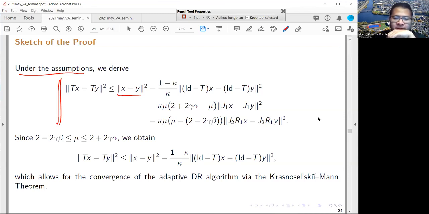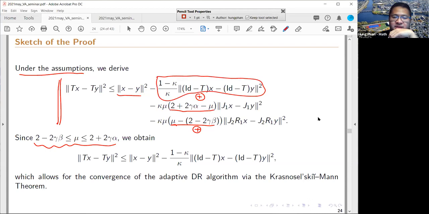So that's why we require this term to be positive, and this term to be positive as well. That's why we require mu to be within these two numbers. And then later we found out that we can borrow a little bit from the term here to compensate for the case if we don't have both positive in the last two coefficients. And that will fill the gap. And we're going to see it in the next slide.